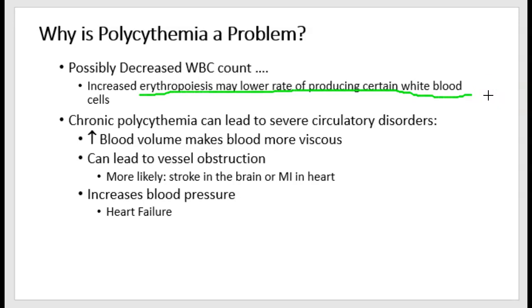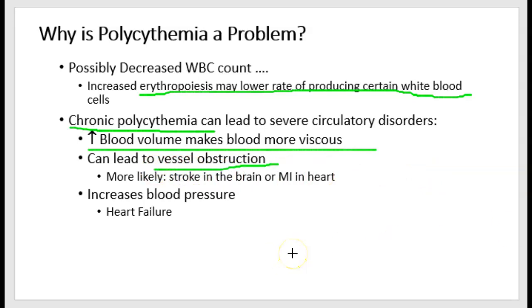So the red blood cells replace the white blood cells, so to speak. In addition, if you have chronic polycythemia for whatever reason, that might increase your blood volume, making it more viscous and lead to vessel obstructions.